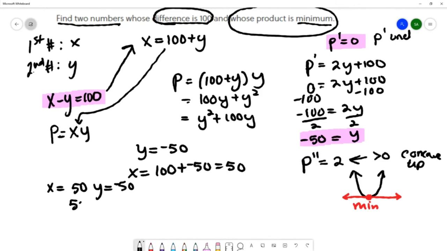If we do 50 minus negative 50, their difference is 100. And the product of those two numbers, 50 times negative 50, will be the minimum value. And that's negative 2500, that minimum product.